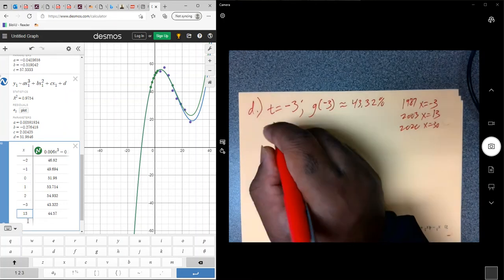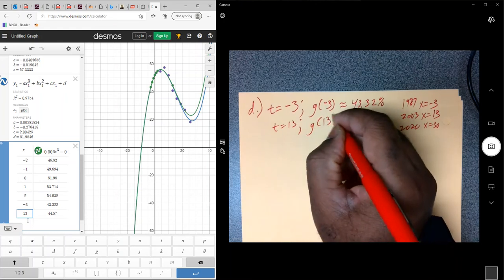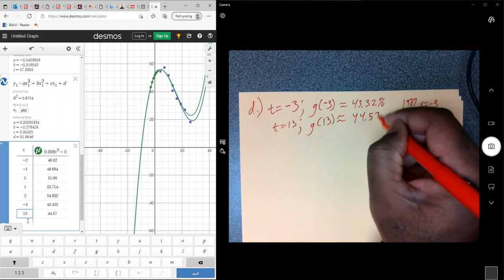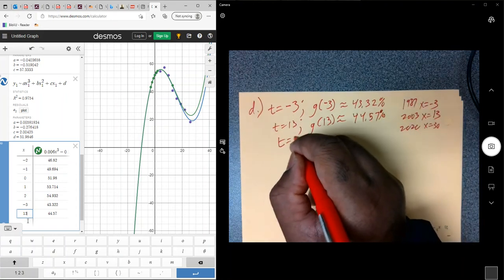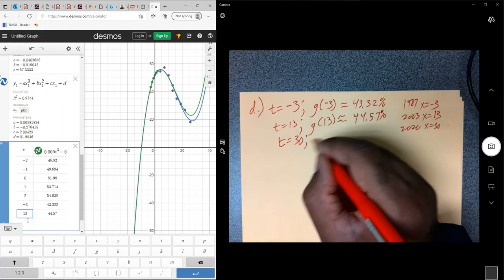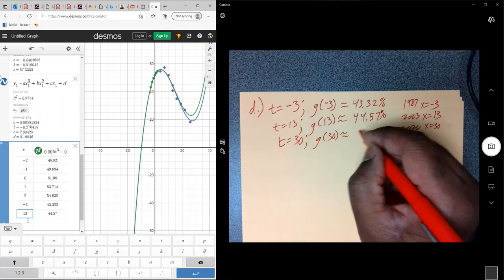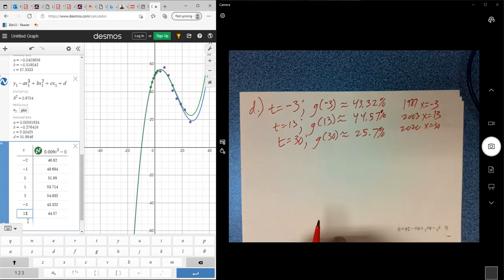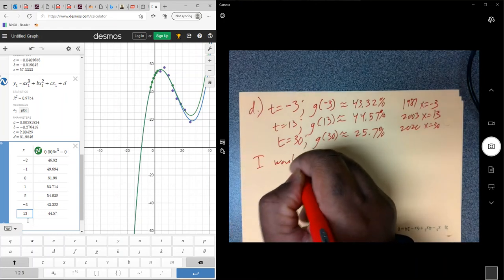So basically, T equals 13. G of 13 would be approximately 44.57%. And then finally, T is equal to 30. G of 30 would be approximately 25.7%.